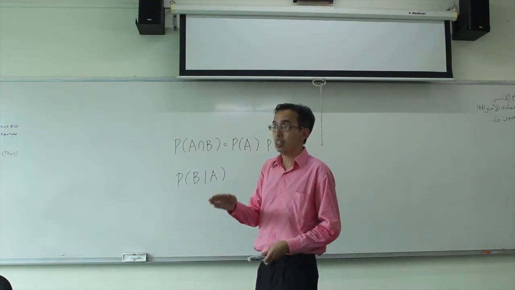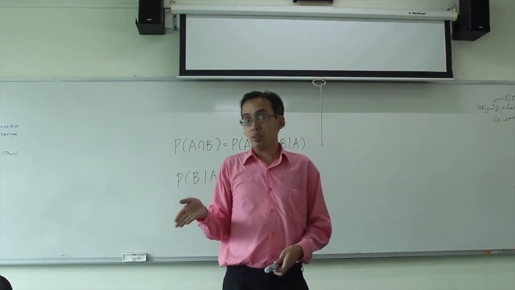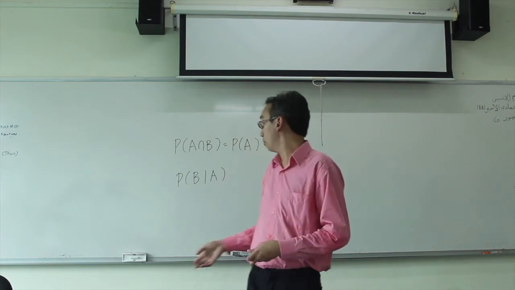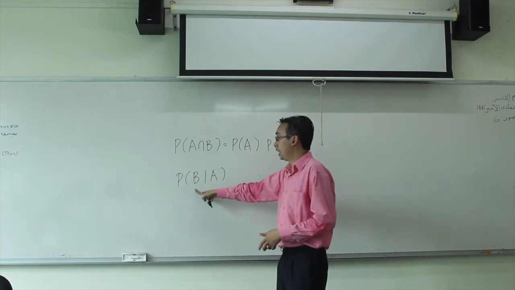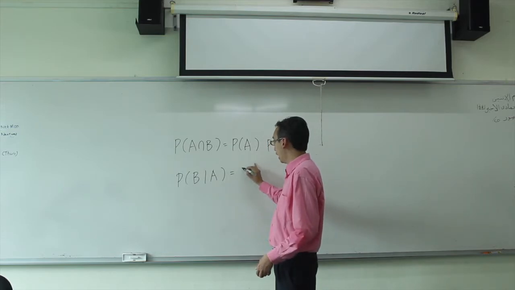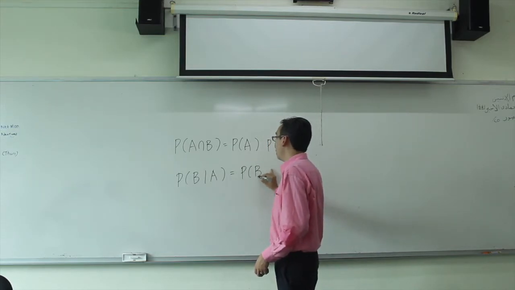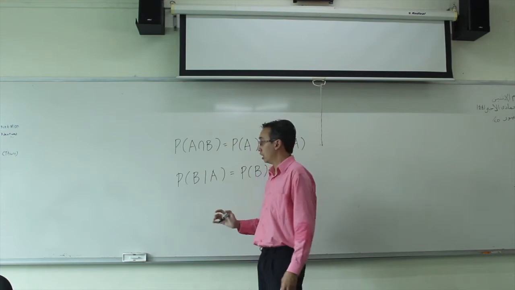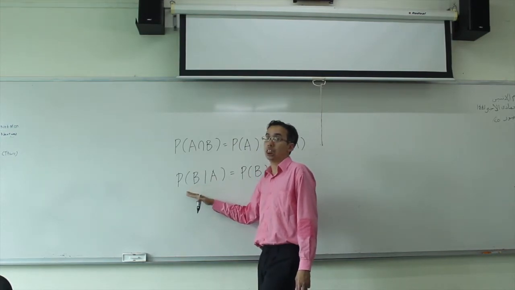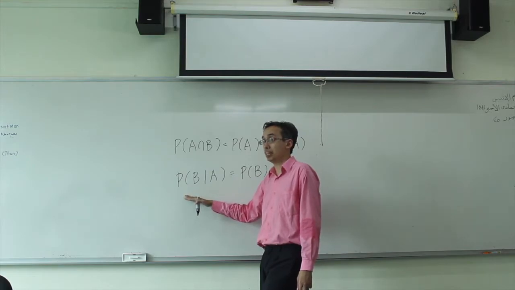The probability of getting the head will still be half. It is independent, so that means the probability of B given A will still be the same as probability B. That means A has no effect on the probability of B. That's the meaning of independent events.